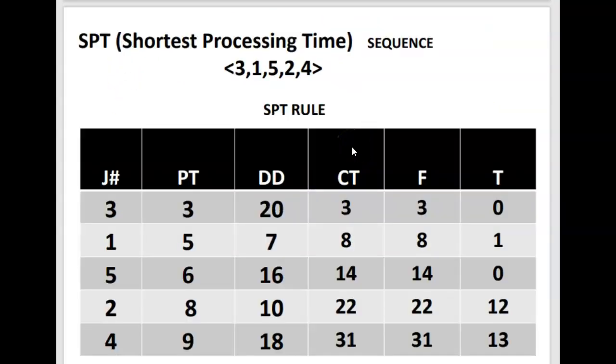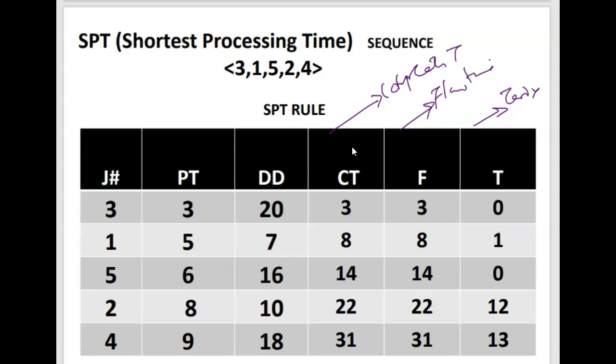Let us bring it back to the larger table. You can see now, introducing the remaining 3 columns, which are the completion time, flow time, then tardy.